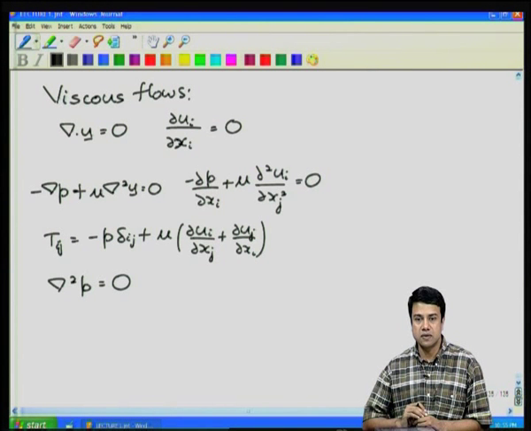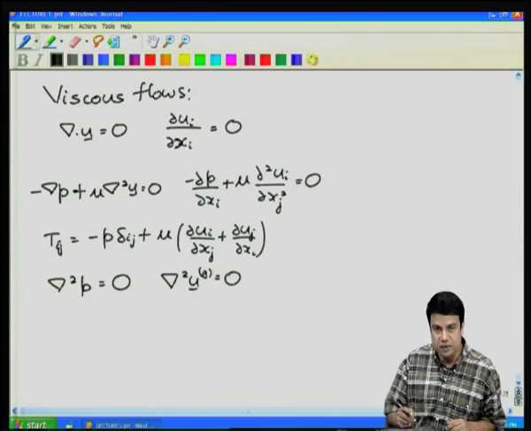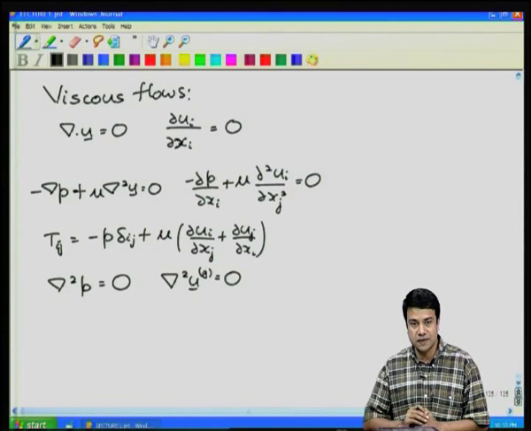The general solution is the solution of the homogeneous equation without the inhomogeneous part. So, for the general solution, the equation is del square u general is equal to 0. That is, the general solution satisfies the homogeneous equation without the pressure term.